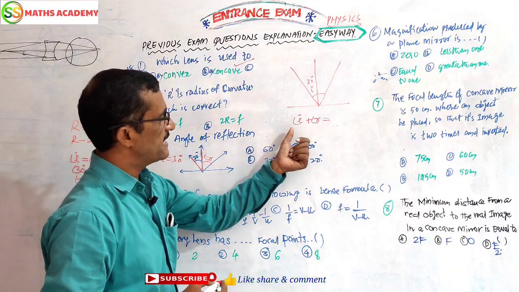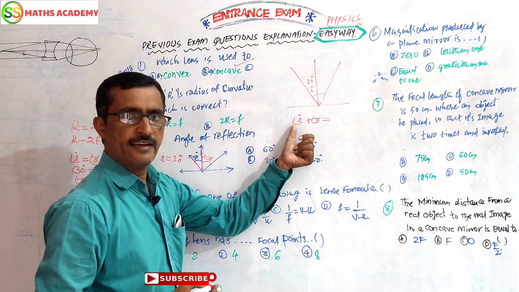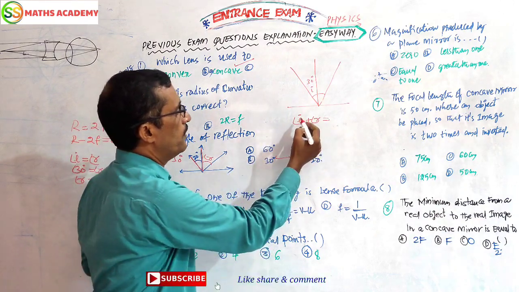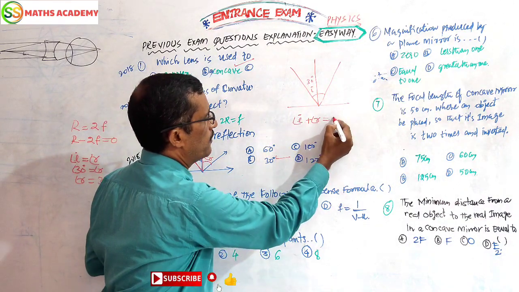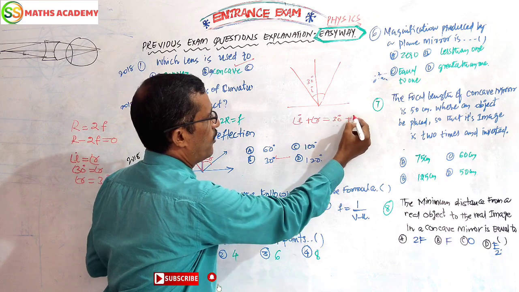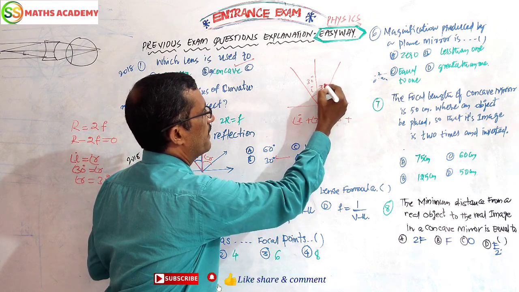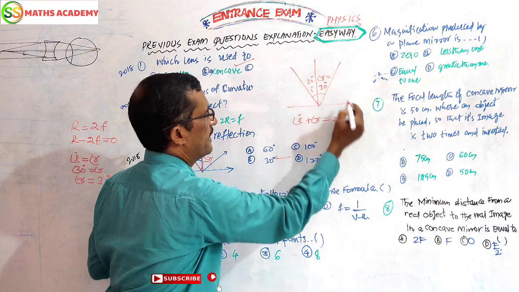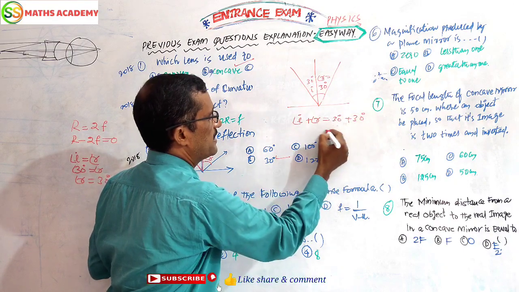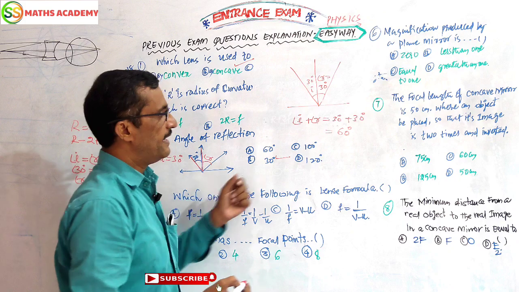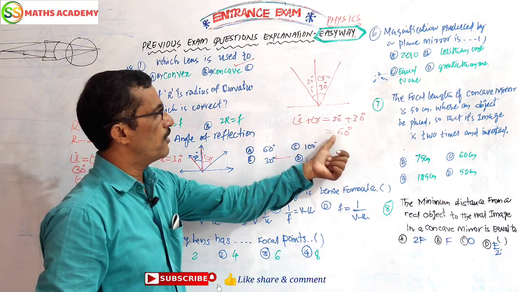If the angle of incidence equals 30 degrees, then automatically the angle of reflection will also be 30 degrees. 30 plus 30, 60 degrees will come. Thus I plus R equal to 60.